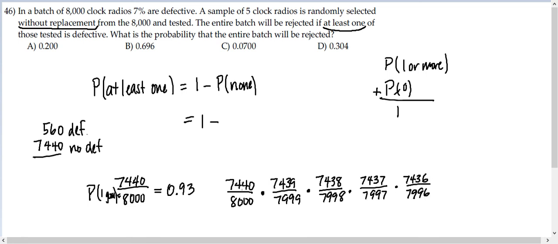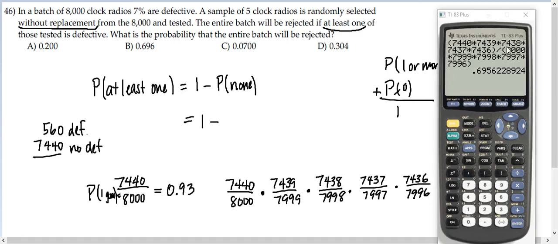So these are our chances of getting 5 good clocks in a row. Every time we pull out a good one, we reduce that by 1, and of course the number of calculators in the box or in the batch is reduced by 1. So let me get the calculator out again and figure this out. Alright, so notice what I did there. I put all the numerators in parentheses divided by, and then put parentheses again, all the denominators. And we get 0.6956228, and so on.